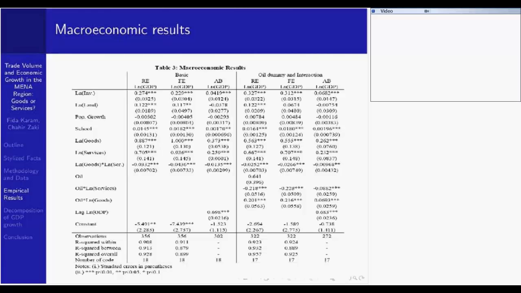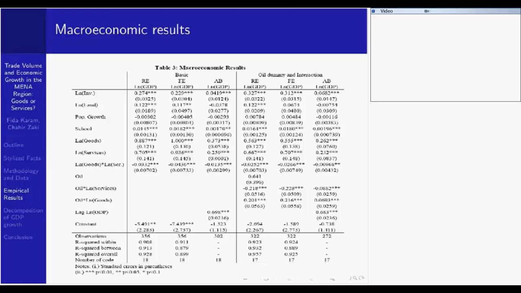Some studies found positive, some studies found negative, given its scarcity. In our study, we found its effect was not that robust, but in general, we cannot claim that it's usually significant, because as you can see in the fixed effect and the Arellano-Bond, the land is not significant, and its coefficient is very low.